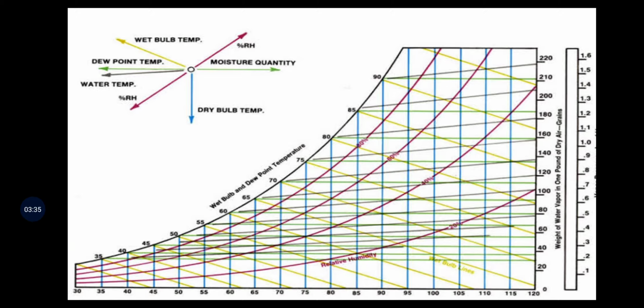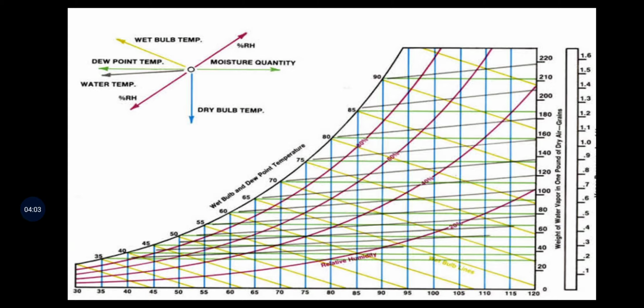The extreme right scale, which shows 20, 40, 60 and so on, where the weight of water vapor in 1 pound is written, is the scale of specific humidity.